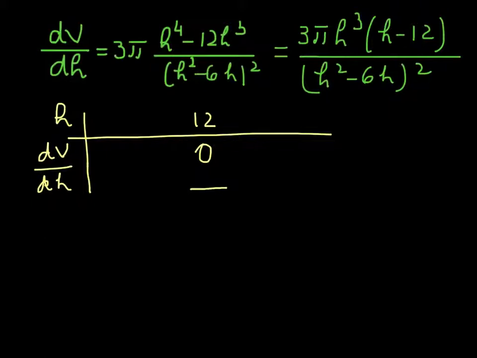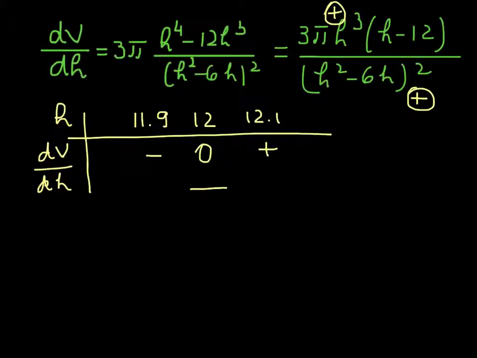Now before 12, for example 11.9, I can either plug into my calculator dV by dH for H equals 11.9, or I can think on the graph that the denominator is always positive. It's a square. 3 pi H cubed is always positive. So what's the sign of H minus 12? If H is 11.9, this is going to be negative. If H is 12.1, then H minus 12 is going to be positive.